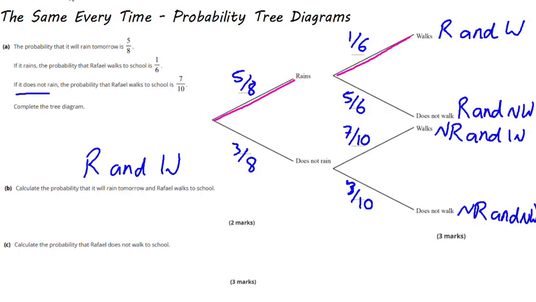So multiplying, if we're going from left to right on our tree diagram, so that will be 5/8 multiplied by 1/6, so probability of rain and probability of walk, remembering that an and translates into a multiply, or just remember that if we're going along the tree diagram, we multiply. So 5/8 multiplied by 1/6, and that's going to give me 5/48, isn't it? It doesn't simplify that one, so 5/48. Okay, so far so good.